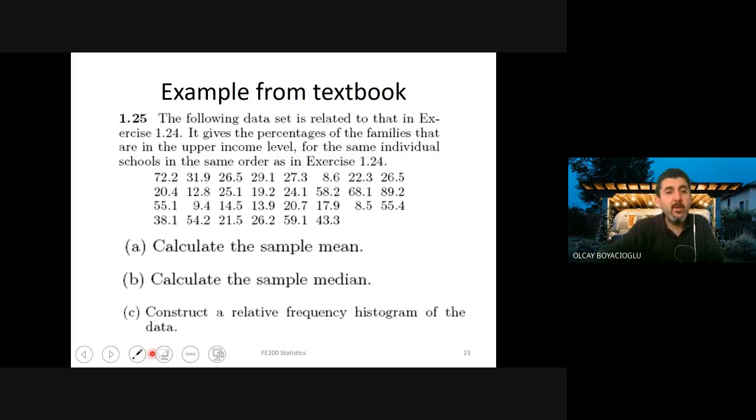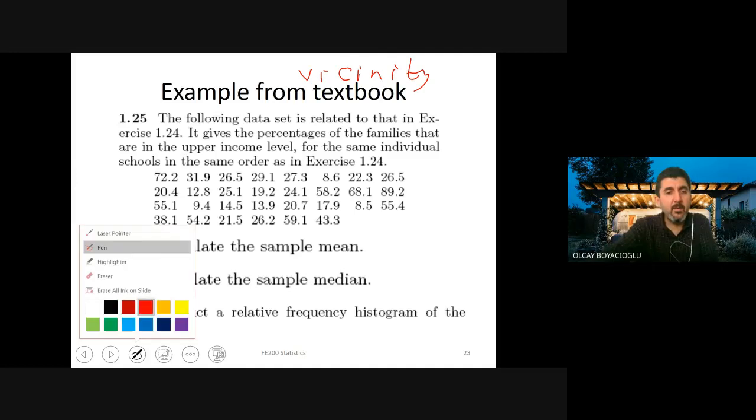Vicinity means civar in Turkish. All right, let me write that as well. Maybe you know this word, maybe you don't. Vicinity, bir şeyden bahsediyorsanız, for example, in the vicinity, demek yani etrafında, civarında anlamına geliyor. All right, so let's erase that.